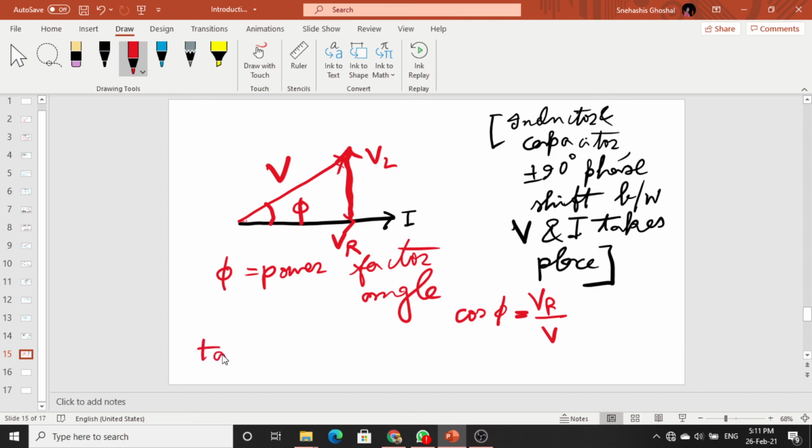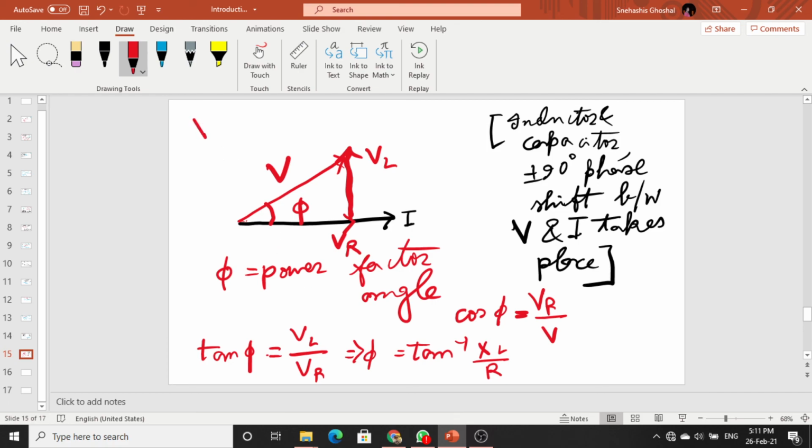Now one thing, I think you can notice: tan phi is equal to VL by VR. So phi equal to tan inverse XL by R. Why?